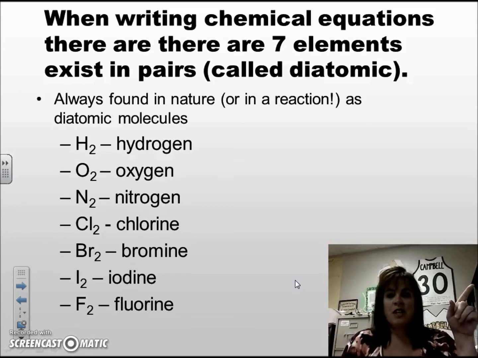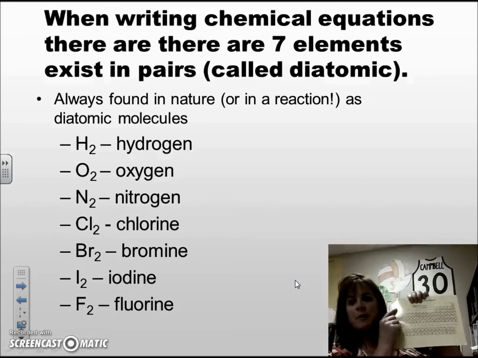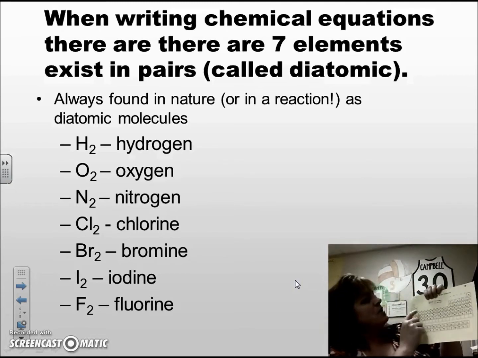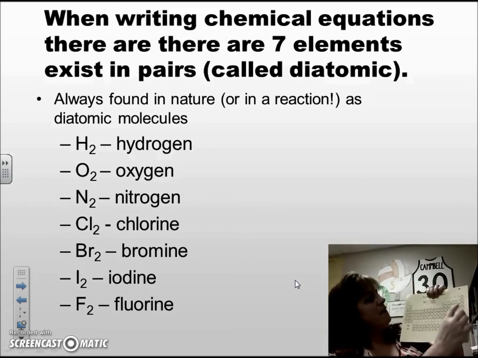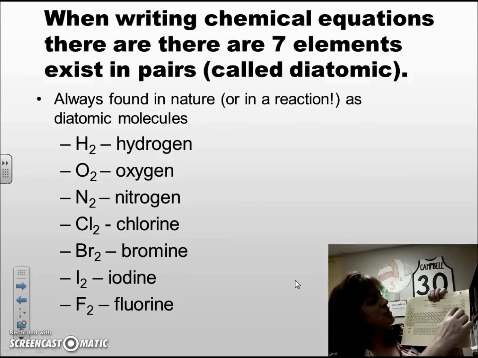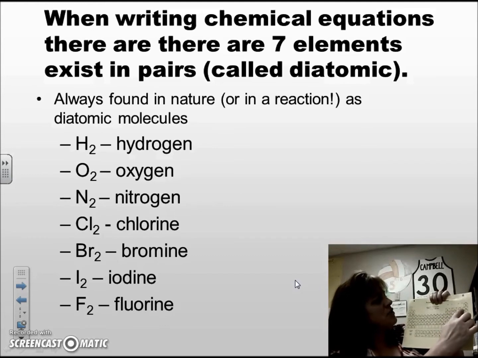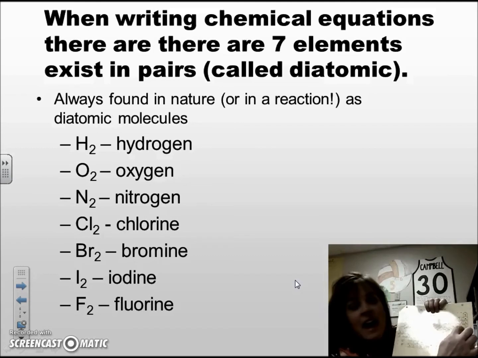So there's hydrogen, which is in the top left of our periodic table. And then if you notice the other ones, we have oxygen and nitrogen, fluorine, chlorine, bromine, iodine. If you look, they actually form the number 7 on your periodic table. Kind of freaky. There's nitrogen, oxygen, fluorine, chlorine, bromine, iodine. Notice that most of these are halogens.